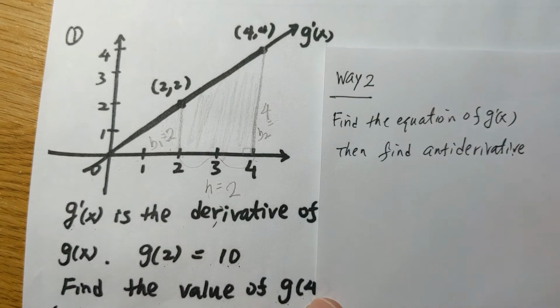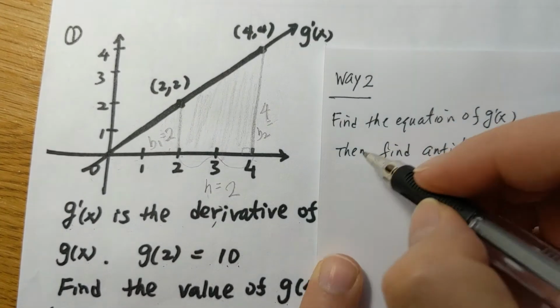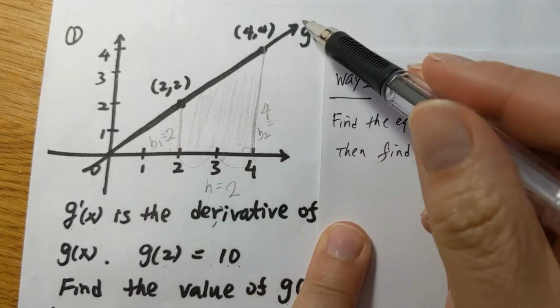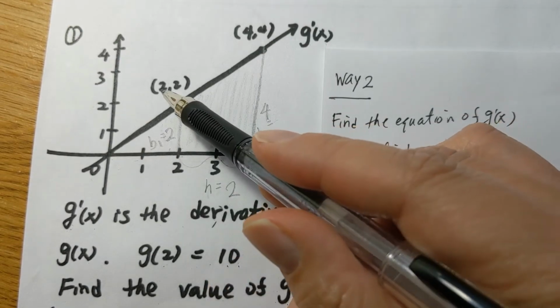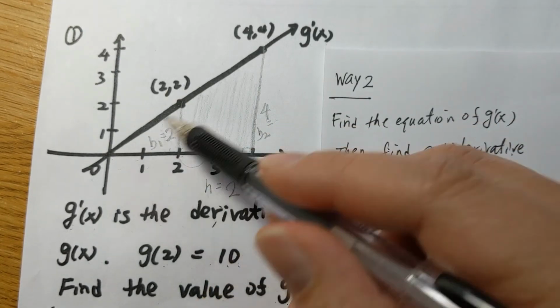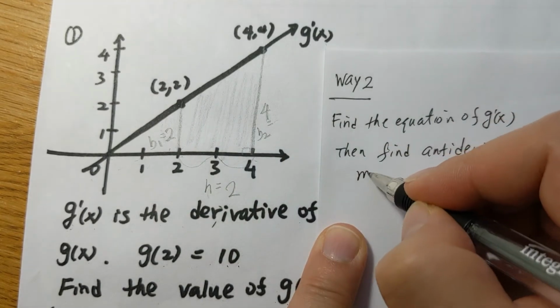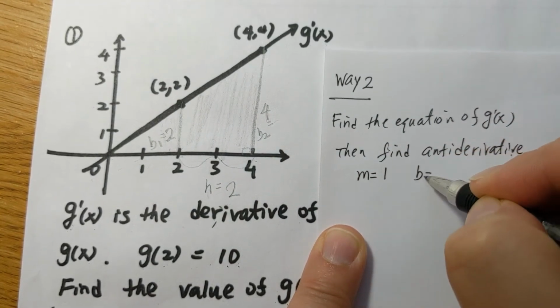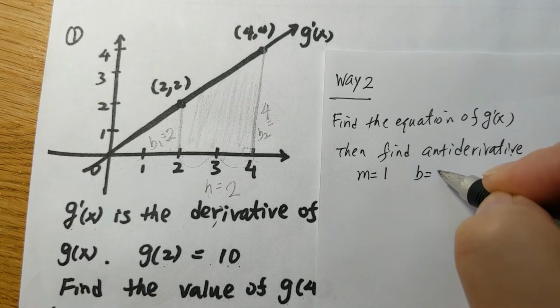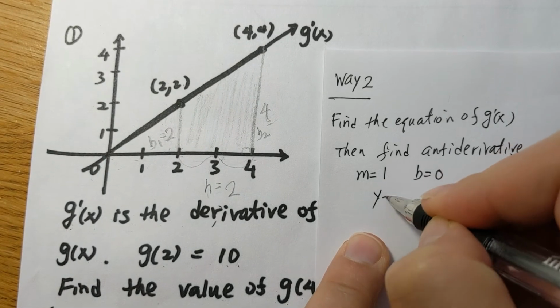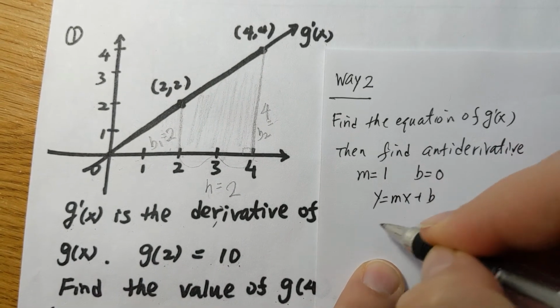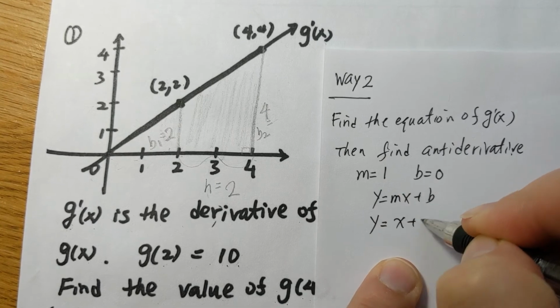So now let's find the equation of g prime of x. This is a linear function, so we can see the points (0, 0) and (1, 1), and (2, 2). So therefore m equals 1 and b equals 0. So y equals mx plus b, so y equals x plus 0.